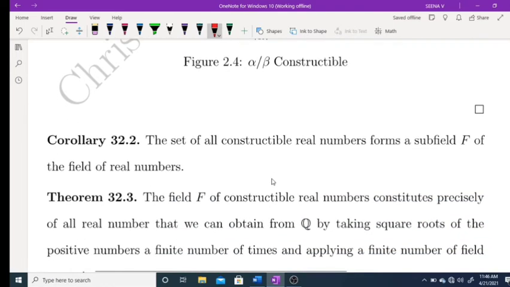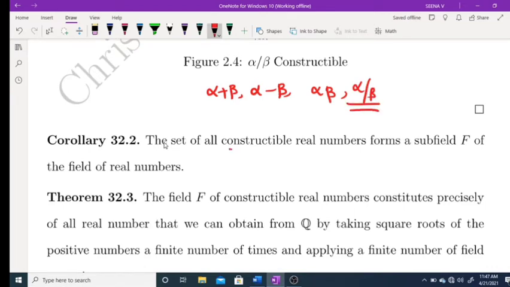Now there is one corollary. The set of all constructible real numbers forms a subfield F of the field of real numbers. Last time this was asked in the exam, and the answer is you have to prove alpha plus beta constructible, alpha minus beta constructible, alpha beta constructible and alpha by beta constructible.